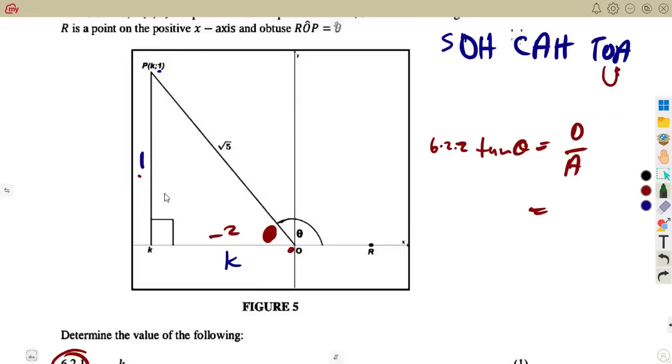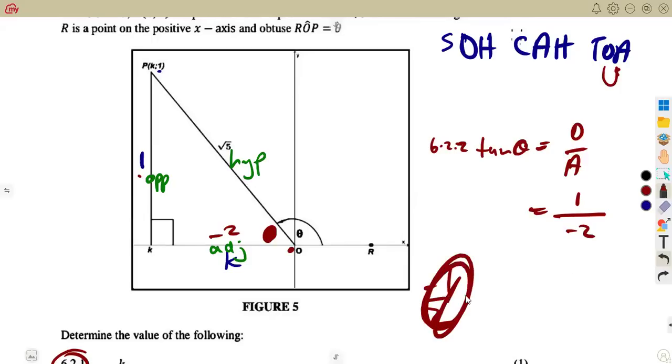The one that faces the angle, that is our opposite. This is our adjacent. This is our hypotenuse. So it's opposite 1 over adjacent -2. Just like that. So it's 1 over -2. You can even leave it like that, or minus 1 over 2.